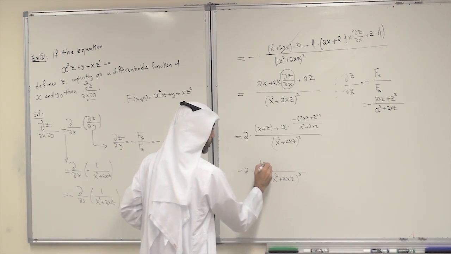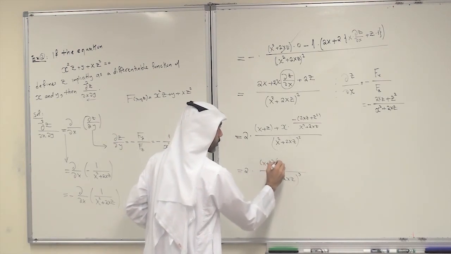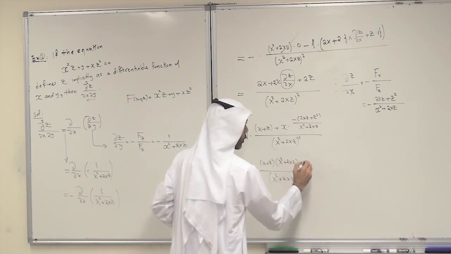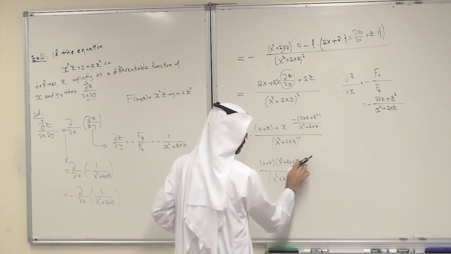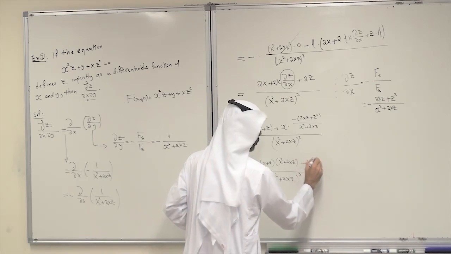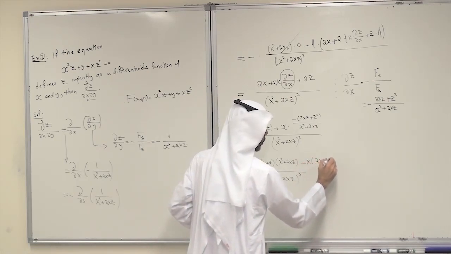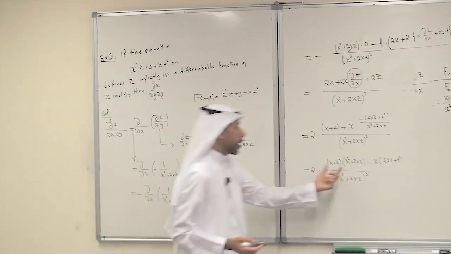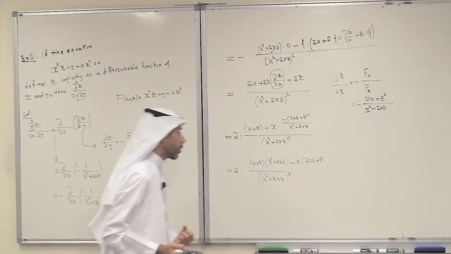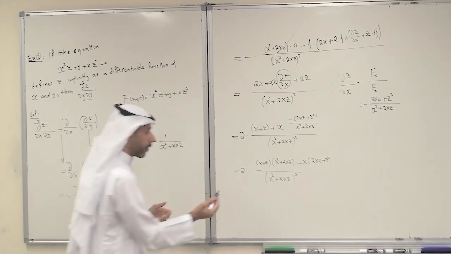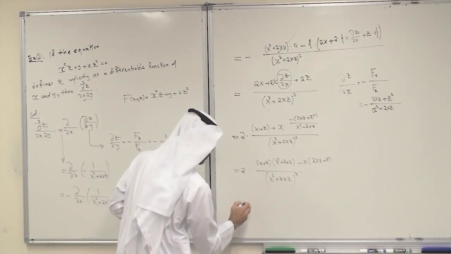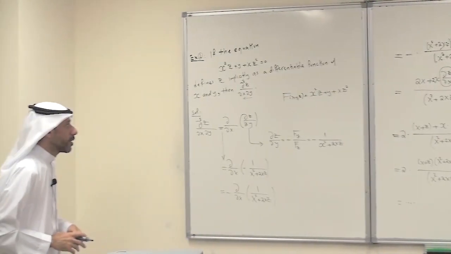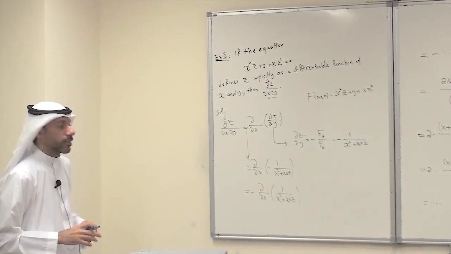This is x plus z times x squared plus 2xz plus and minus, here minus x times 2xz plus z squared. Multiply these together, and then add and simplify. We'll leave this for you. It's very simple simplification. So this is how to find the second derivative in this case.